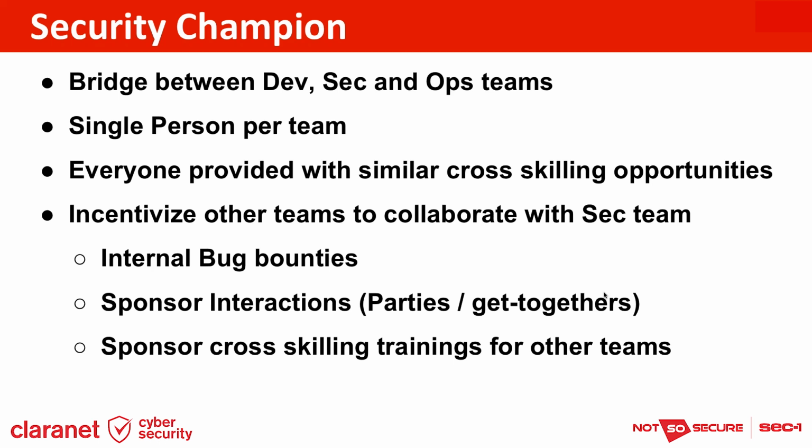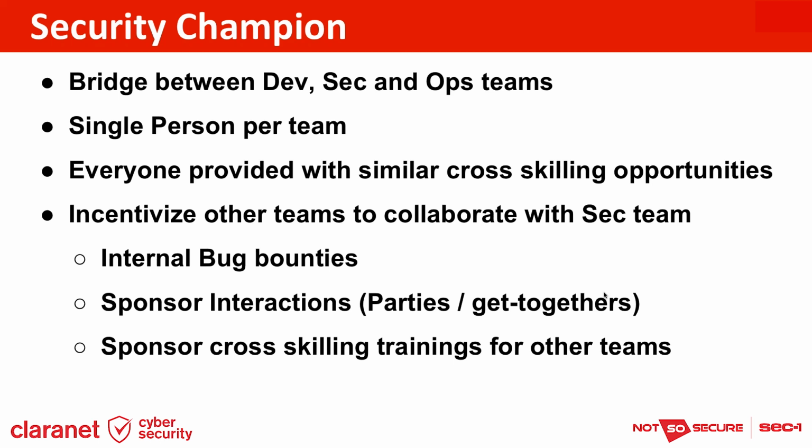You can try cross-skilling them, or you can try to incentivize the other teams. A couple of incentive methods that I found working is sponsor interactions, sponsor parties, get-togethers, whatever. Sponsor internal bug bounties. So teach your developers how to do bug bounties, how to find bugs, and then let them find bugs in their own code. Sponsor cross-skilling trainings.